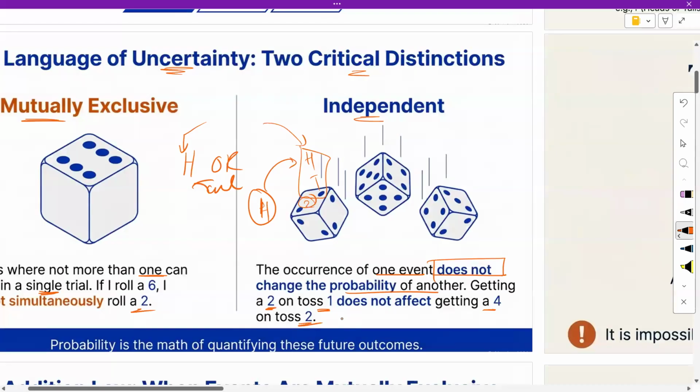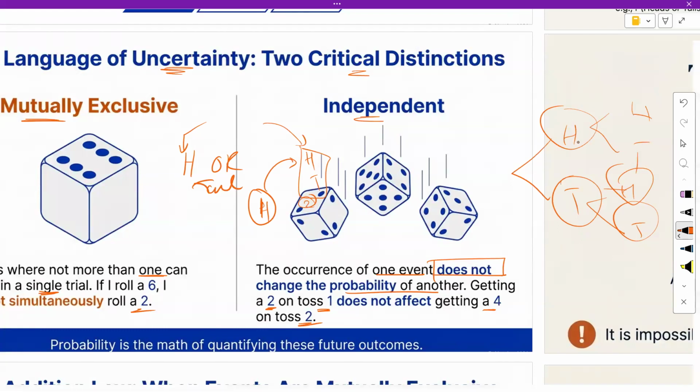So the sequence here: first toss you may get head or tail. The second toss you may get head or tail. No matter what, the previous outcome does not impact the succeeding outcome.